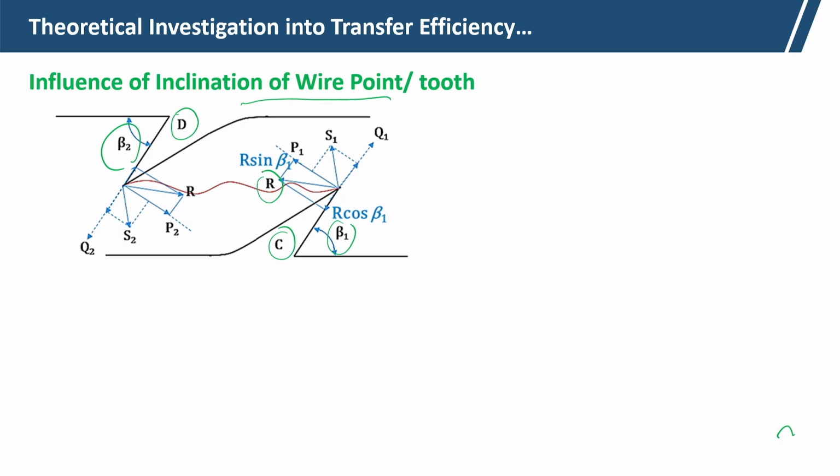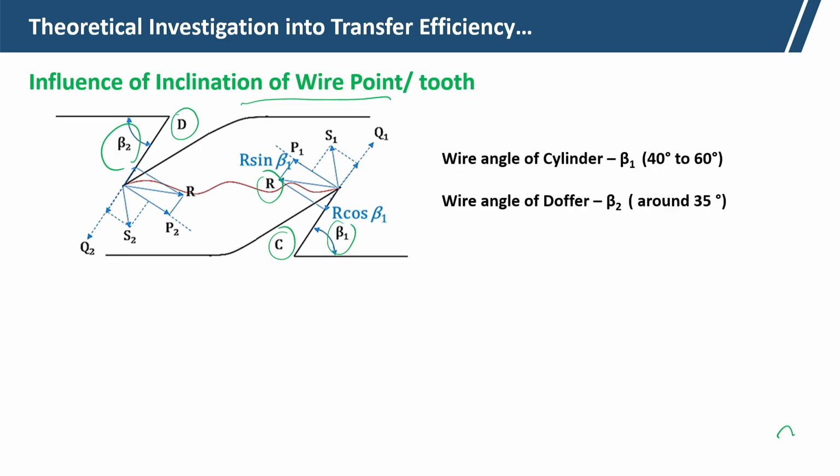Now, this load R on the fiber we can resolve into two components. If we see the wear angle, beta 1 for cylinder is 40 to 60 and the wear angle of doffer, beta 2, is around 35. So, the wear point angle in cylinder is kept a little higher.